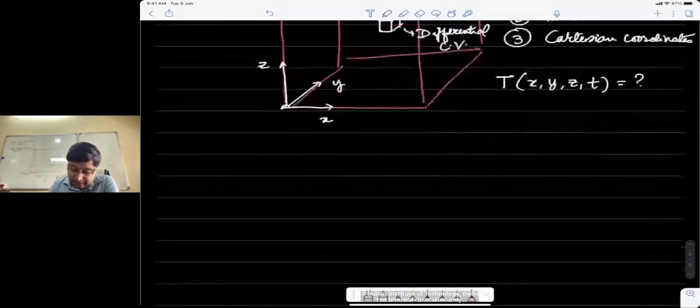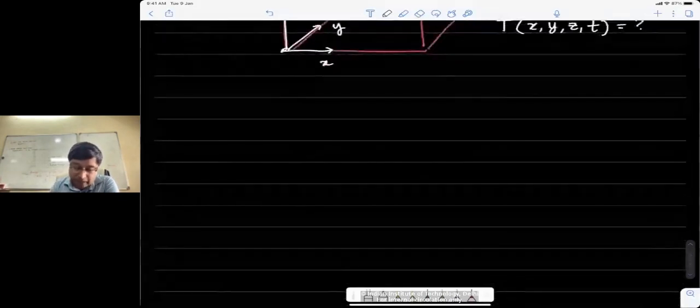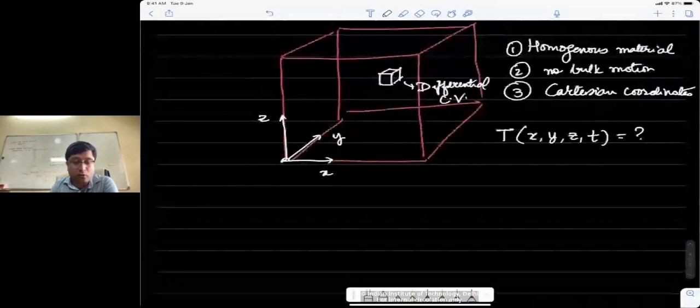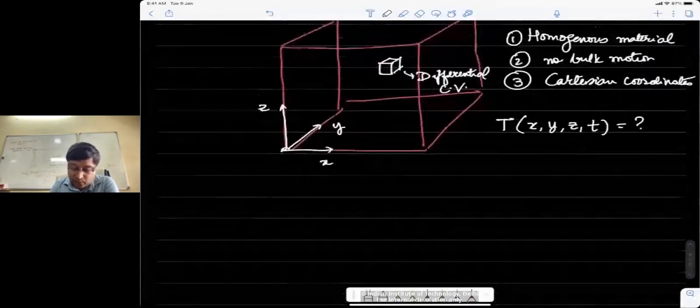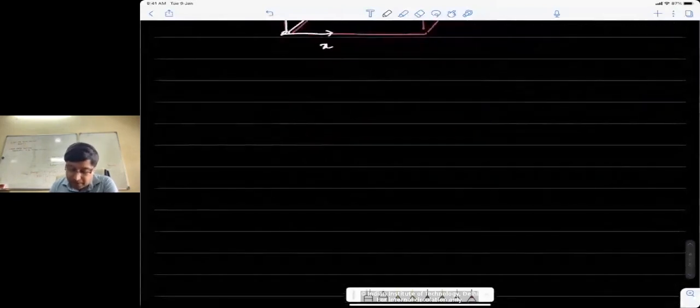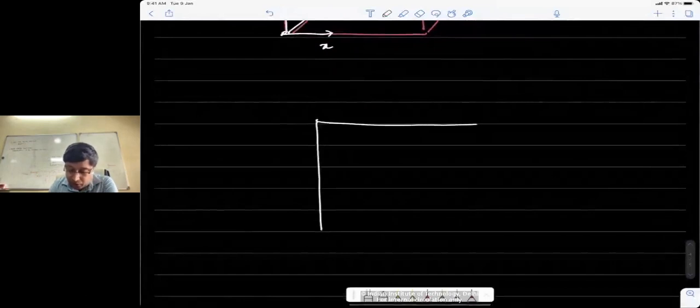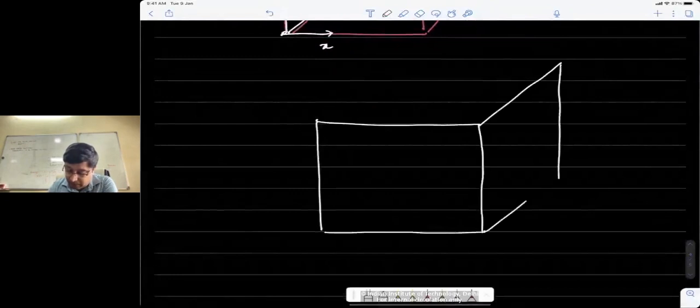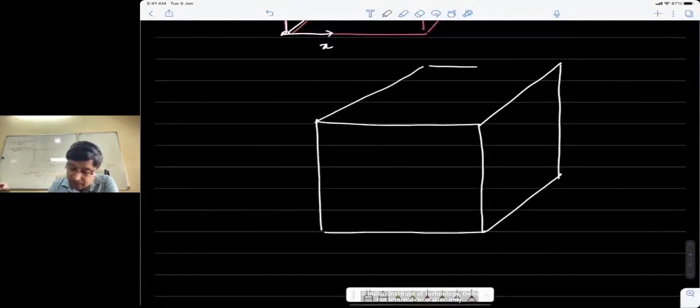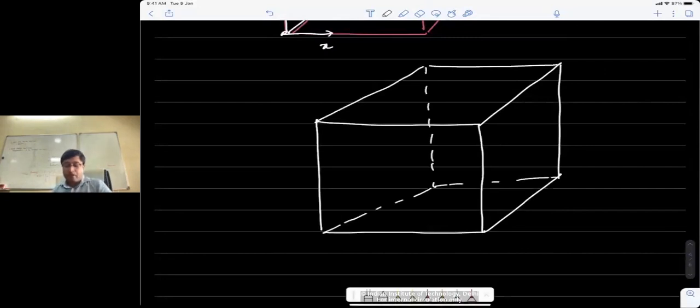So to start with, let's say that I'll blow up this differential control volume to make it easier to understand what conservation principles we are going to apply. So let's say our control volume, the differential control volume, looked like this. So this was a differential control volume.